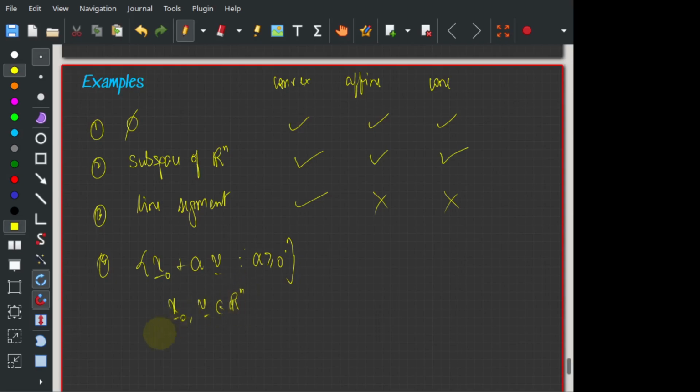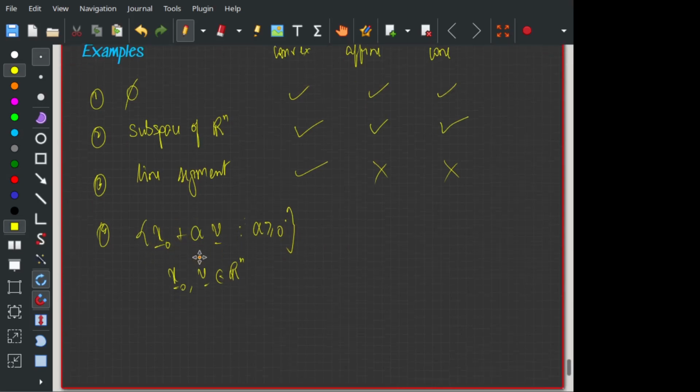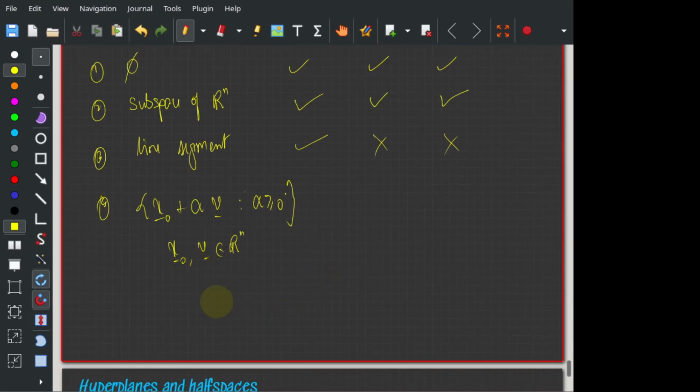So for a fixed x naught and a fixed vector v, I'm looking at x naught plus alpha v. What is it going to look like? I have the x naught vector and, let's say, the v vector. What would this ray look like? It basically starts from x naught, passes through v and extends all the way up to infinity.